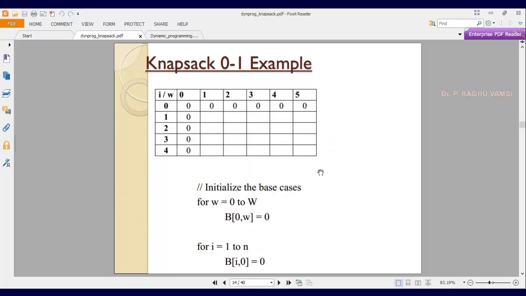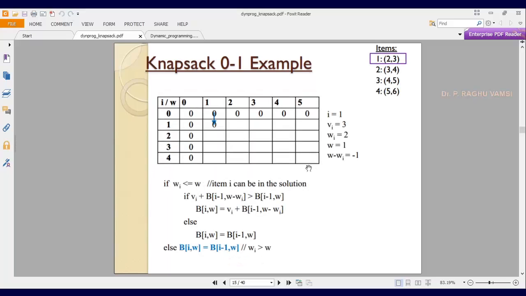Now, next one. Currently i is equal to 1, because the 0th row is initialized with 0 only. Now we are going to consider the first element to be inserted, so i is equal to 1. The value vi is 3, wi is equal to 2, that is, the weight of this item is 2, and w is equal to 1.